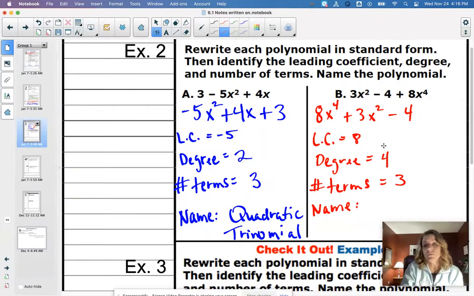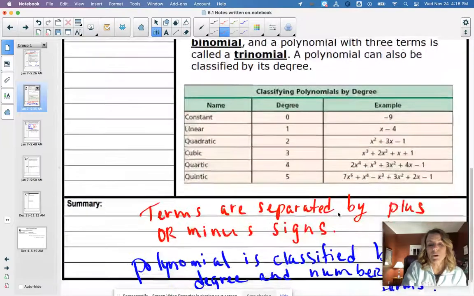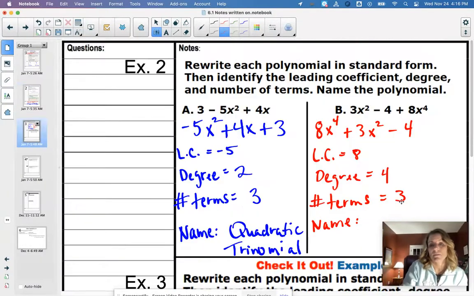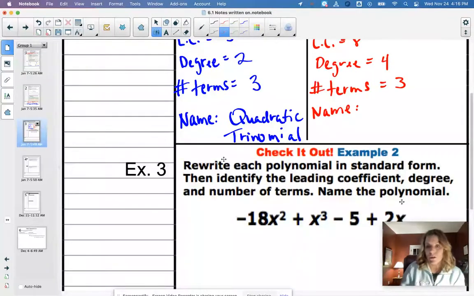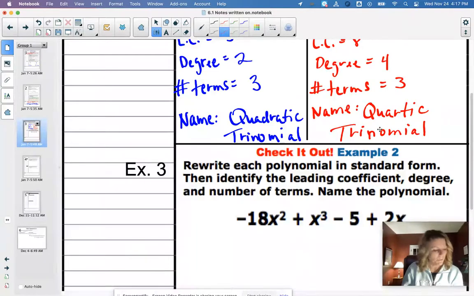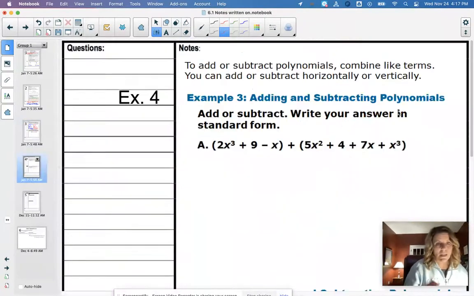It's a trinomial because there's 3 terms, but a degree of 4 is going to be a quartic. So we're going to call this a quartic trinomial. Example 3 we will do in class. Now let's go on to the next group.